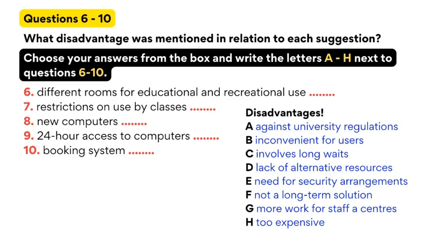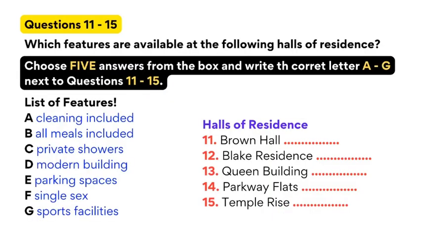Now turn to part 2. Part 2. You will hear an accommodation officer telling students about different halls of residence. You now have 30 seconds to read questions 11 to 15.